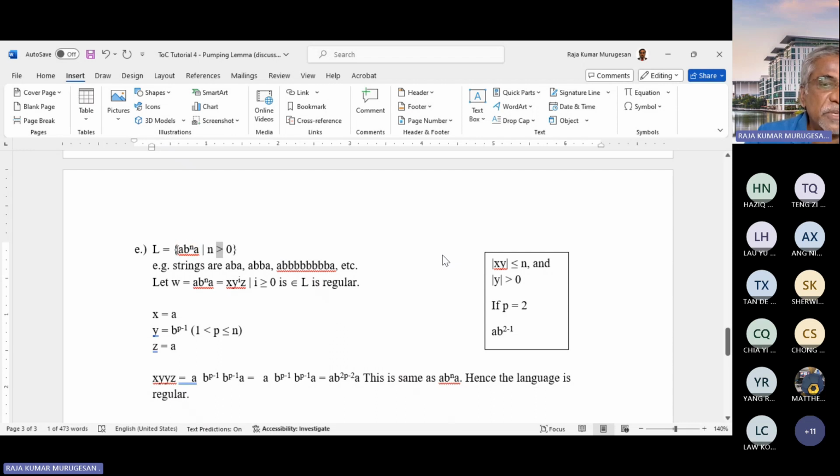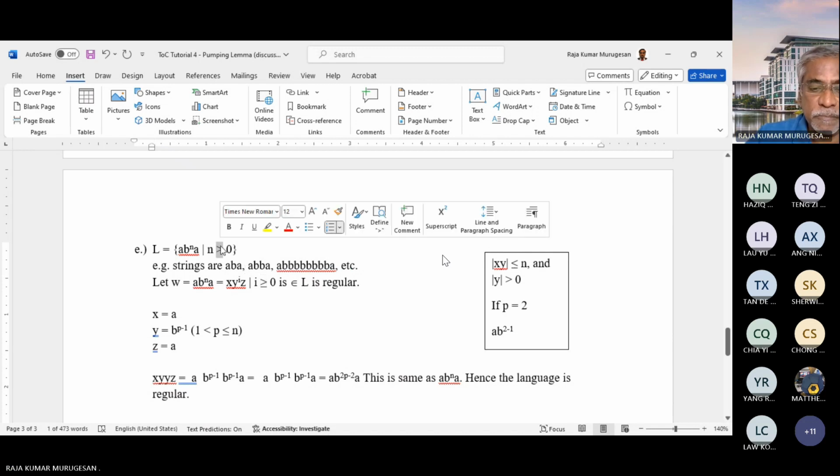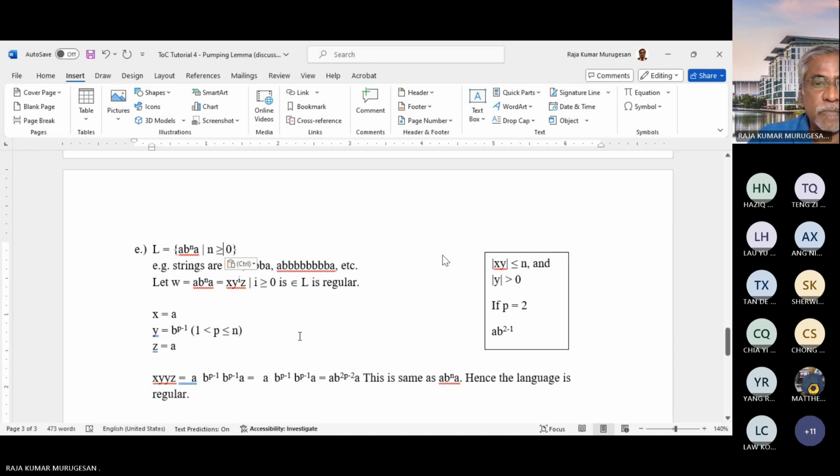In this case, your minimum string is aba. If you change this, the only change that is going to happen is the example string is going to be aa. That's all. Still, this language is regular.